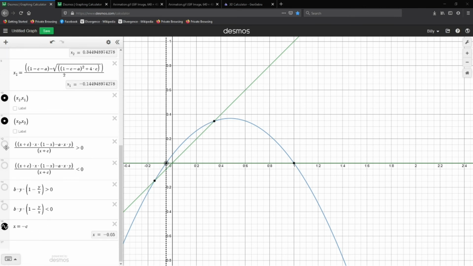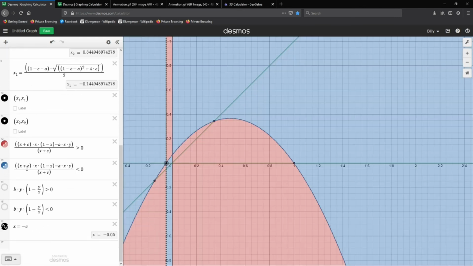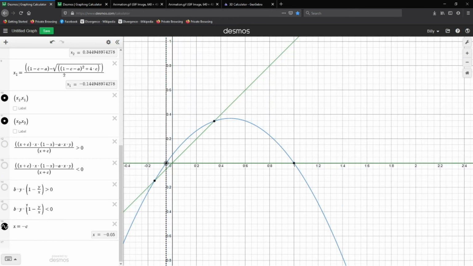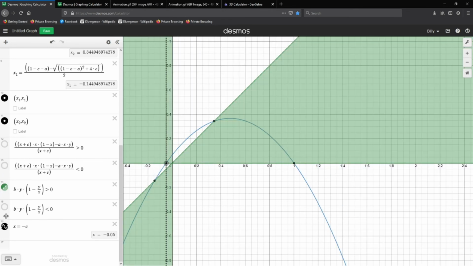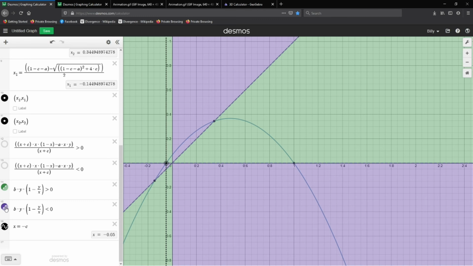And this can be visualized just by looking at the region where x prime is positive. In this case, the red region right here and the blue region right here is the region where x prime is negative. And likewise, we can do the same thing for y prime as well. But this will be important a little bit later on.